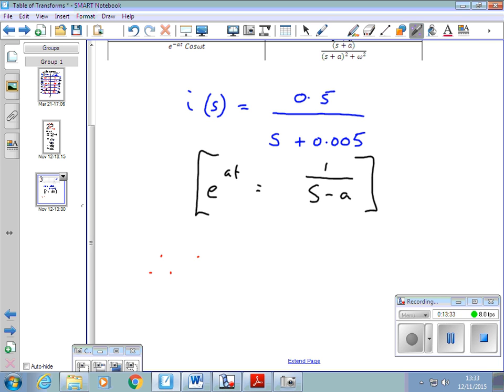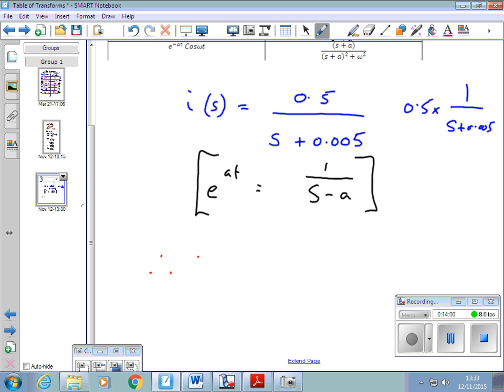If I times top and bottom by 2, I'd have a 1, wouldn't I? Because 2 times a half is 1. But then I'd have 2s. I can separate it out. I can think of this as being 0.5, I'm in the magic pen mode, 0.5 times 1 over s plus 0.005, can't I?